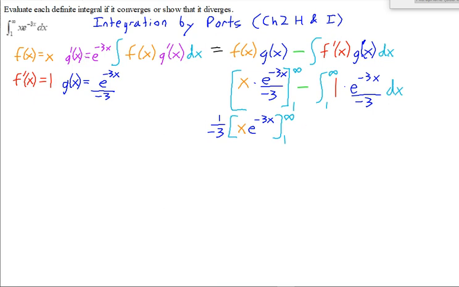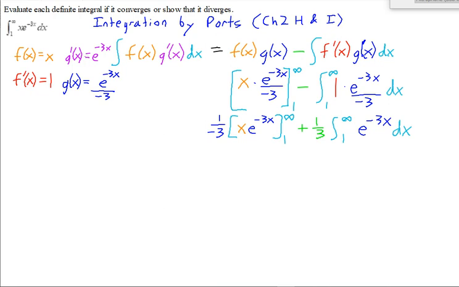So that makes it positive 1/3. And then the integral from 1 to infinity of just e to the negative 3x, which is simpler again than the original one, something we can integrate there. Let's keep working out this integral, and then we'll substitute everything in at once.